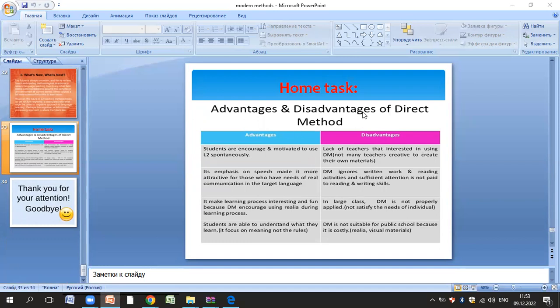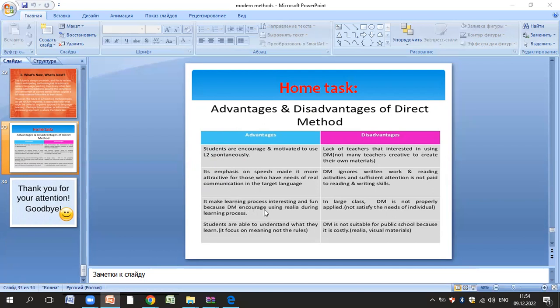Now, the advantages and disadvantages of the direct method. What kind of advantages can you see, and what are its disadvantages? Advantages: students are encouraged and motivated to use the language spontaneously. Its emphasis on speech makes it more attractive for those who need real communication in the target language.